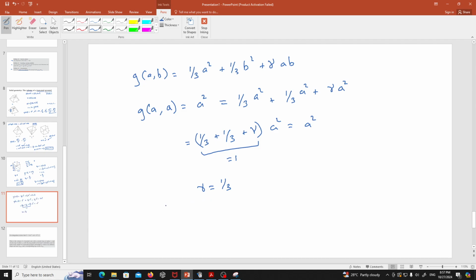So what's the conclusion? The conclusion is the volume of the truncated prism is height into 1 by 3 a square plus 1 by 3 b square plus 1 by 3 a into b, which we can write like h by 3 into a square plus b square plus ab.